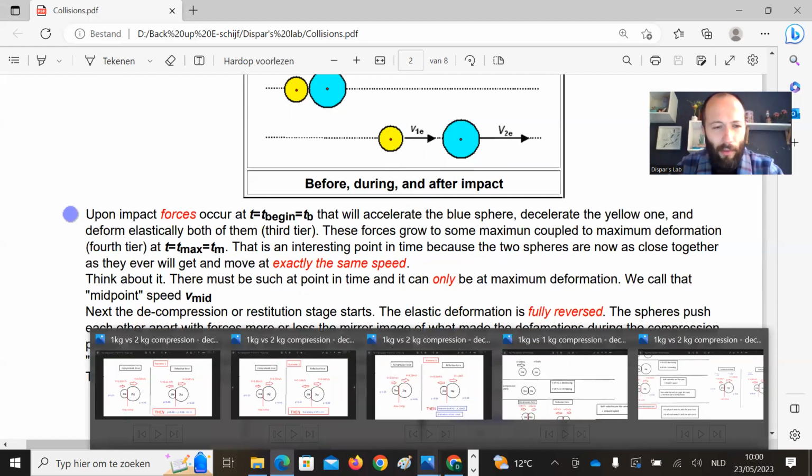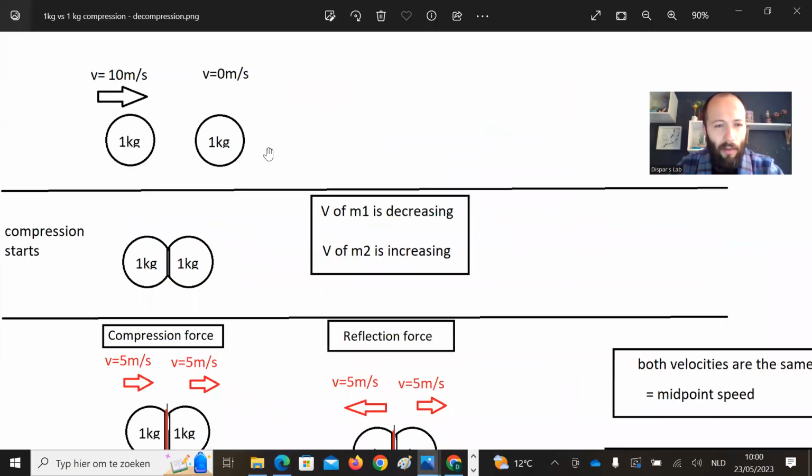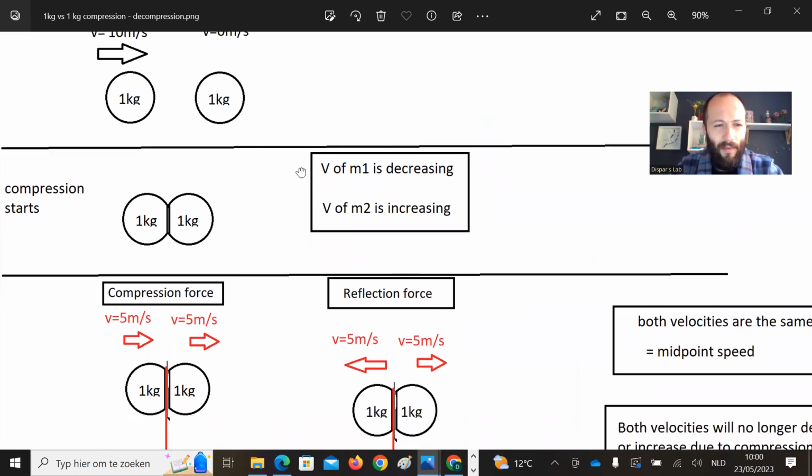For example, say we have two equal masses, 1 kilogram colliding into 1 kilogram. Let's say the first is coming in at 10 meters per second, and the second one is standing still, at 0 meters per second. Then mass one collides into mass two and they start to compress into each other.